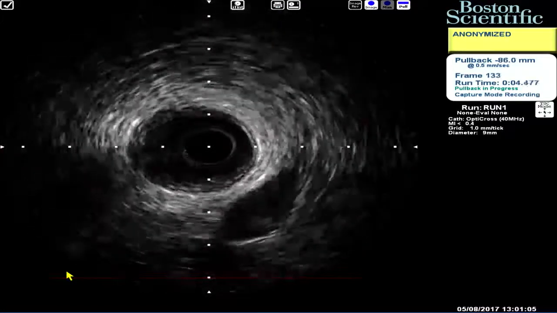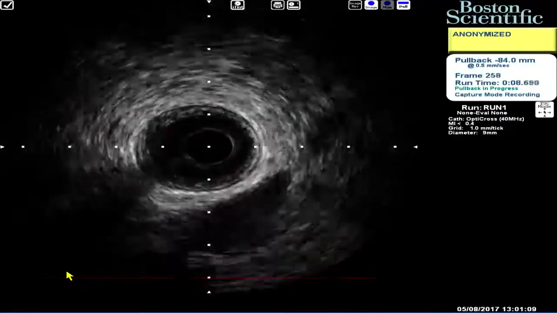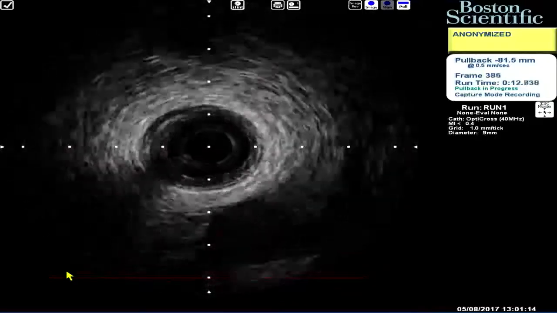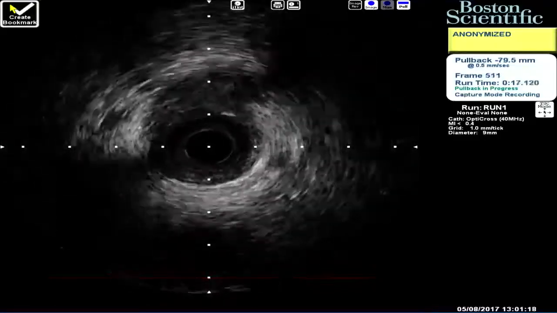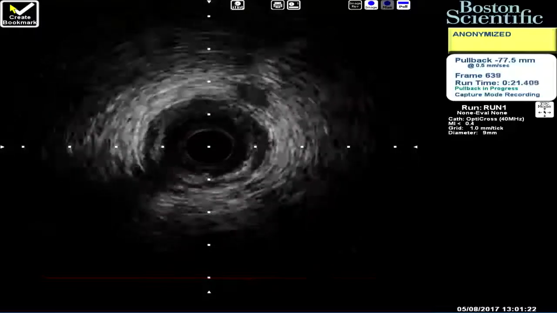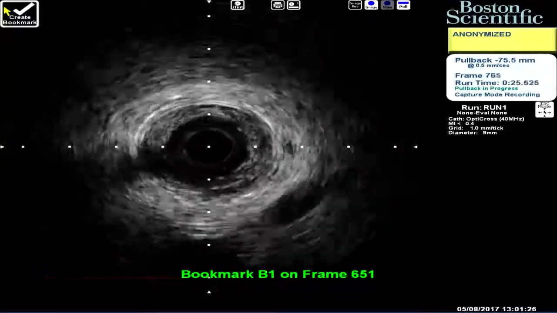So this is the distal to the lesion. Very little, no calcium. This is the bookmark. This is the lesion.